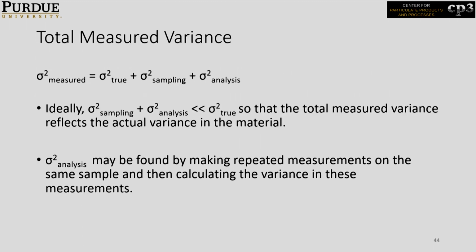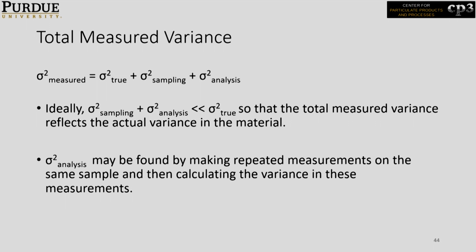So using those different statistical principles, you can calculate the total measured variance. We talked about these, right. There is the true variance within the sample, there will be variance from sampling itself, and there will be variance from the instrument that we use for characterization, right. So ideally, the sampling and analysis variance should be low, or easily controlled, or should be 0, so that you're only characterizing the true variance within the sample, but it doesn't happen all the time, right.